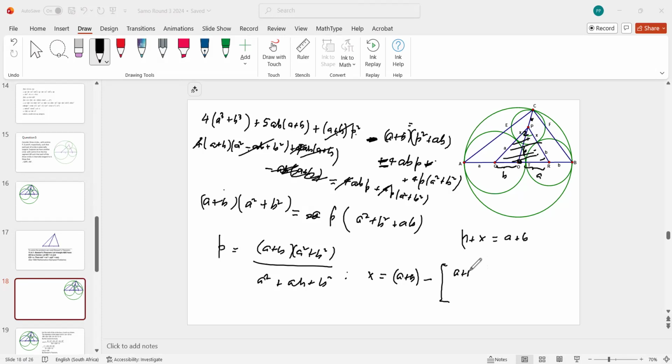Minus a plus b into a squared plus b squared all over a squared plus ab. When a plus b comes out as a common factor, so the radius of the circle here is actually... if you take it as a common factor, then what are you left with?